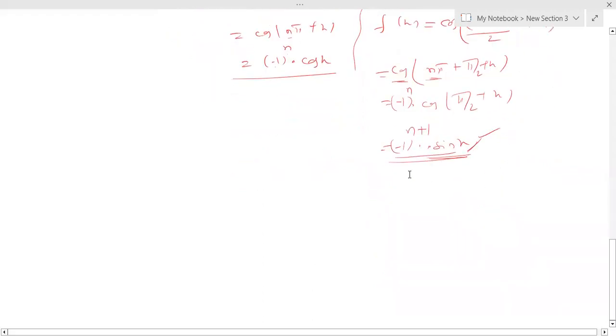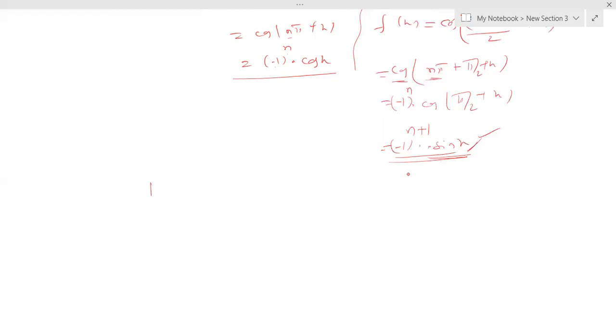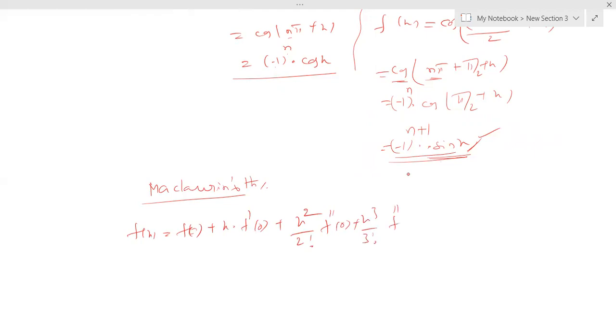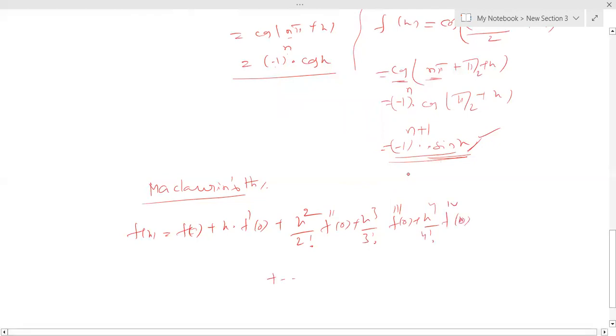Our requirement is Maclaurin's theorem, not Maclaurin's series. As per Maclaurin's theorem, the formula is f of x equal to f of 0 plus x into f dash 0 plus x square by 2 factorial into f double dash 0 plus x cube by 3 factorial into f triple dash 0 plus x power 4 by 4 factorial into f fourth derivative of 0, and so on.